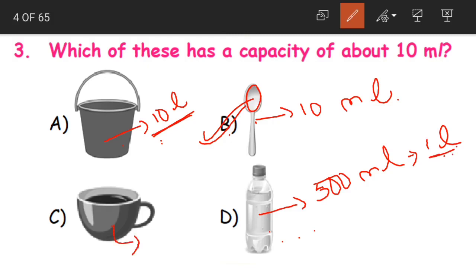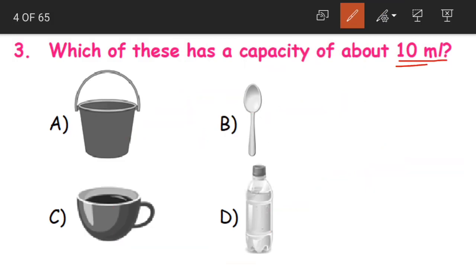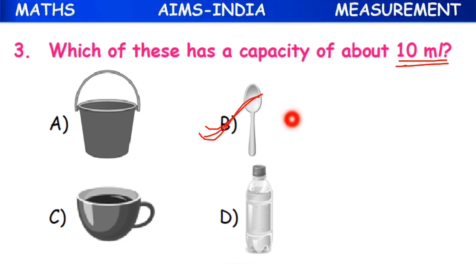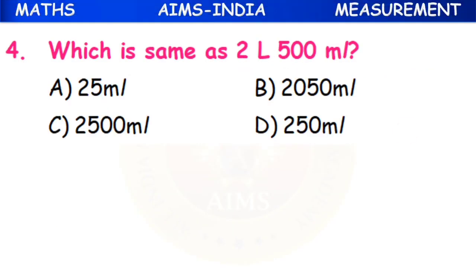Now again, when it comes to the cup here, a big coffee mug, it can have around 100 ml of coffee. So 10 ml means a very small quantity, children. So from the given options, option B, spoon has the capacity of about 10 milliliters.